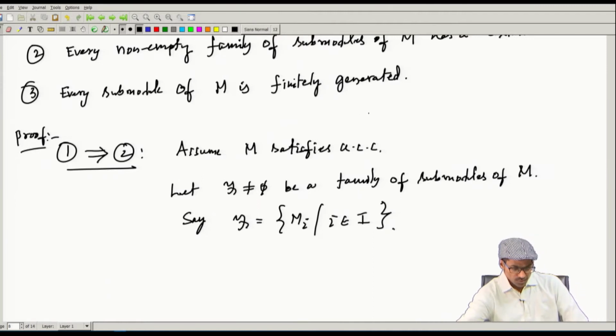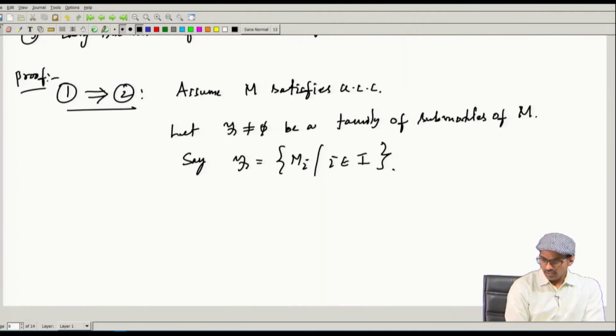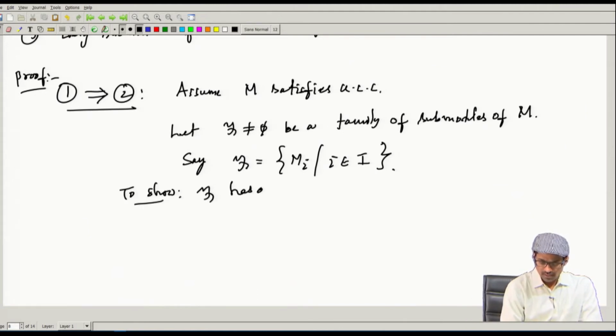Now we want to show that F has a maximal element.